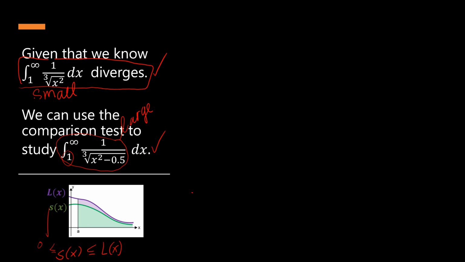Now our job is to show that this one right here, the one that we know, is smaller than the other. How do we do that? We can establish this relationship here. x squared is going to have to be greater than x squared take away 0.5, right? Because x squared is a positive number. Then taking the cube root of both sides, that inequality still holds.